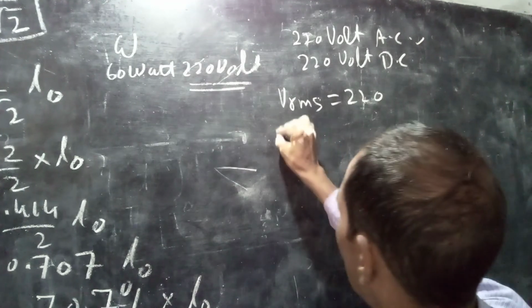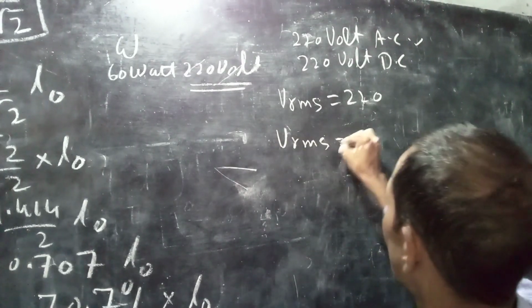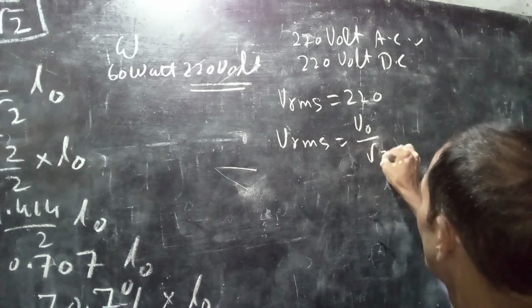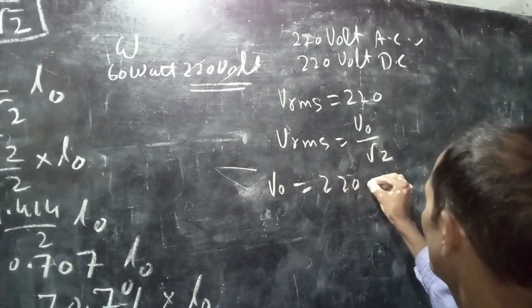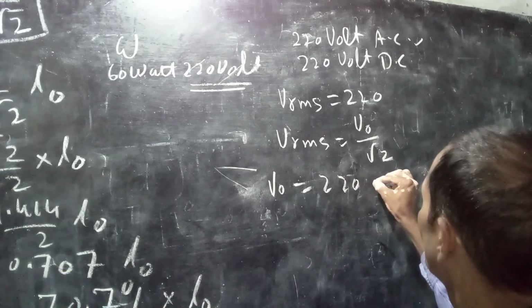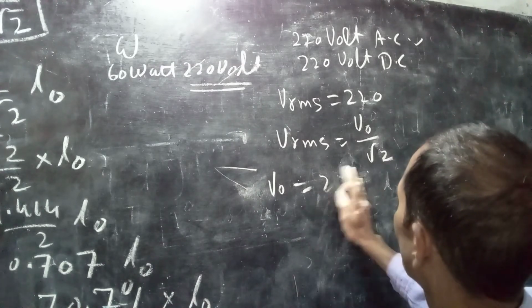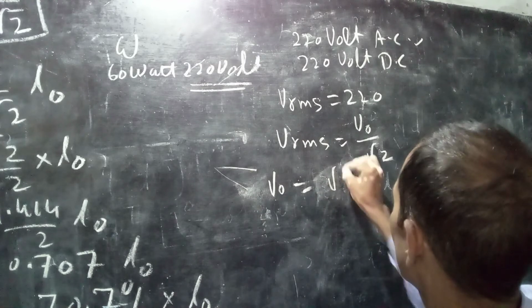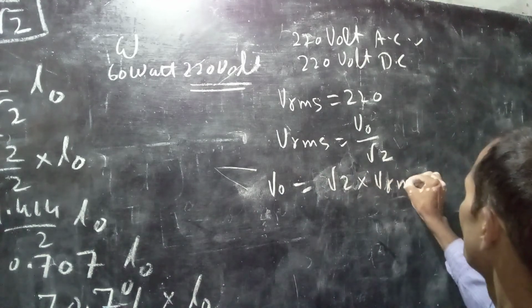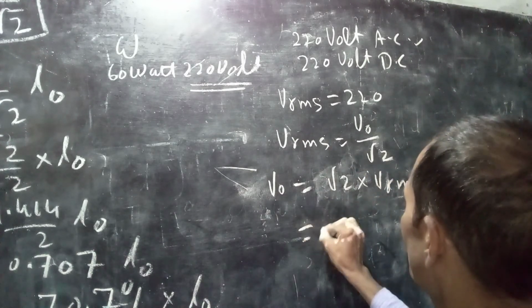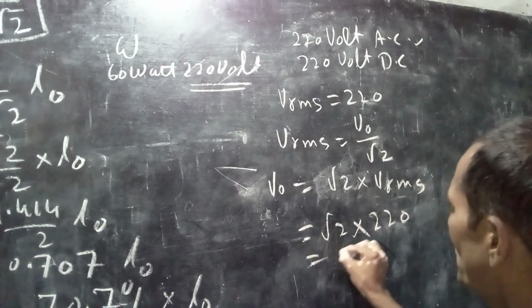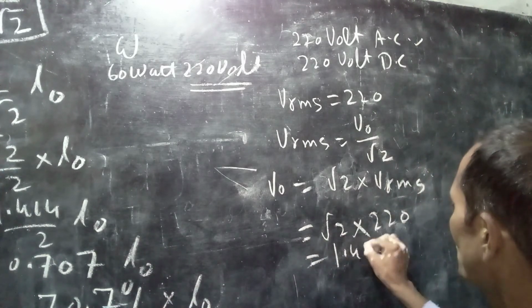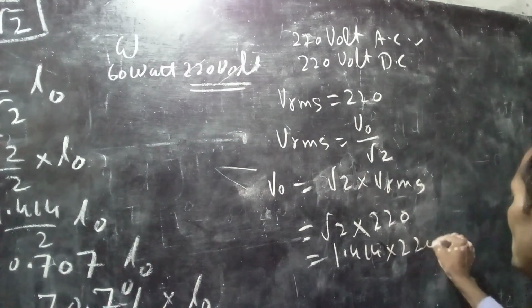Now we know that VRMS is equal to V0 by root 2. So V0 is equal to root 2 into VRMS, which is 1.414 into 220.